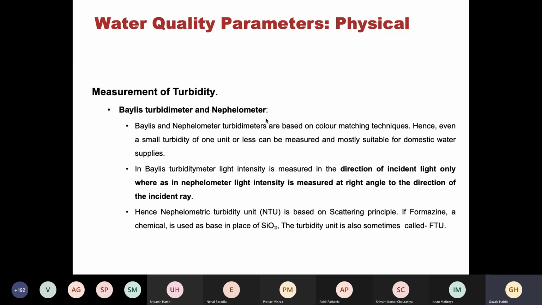That is the only difference, but the principle is the same.